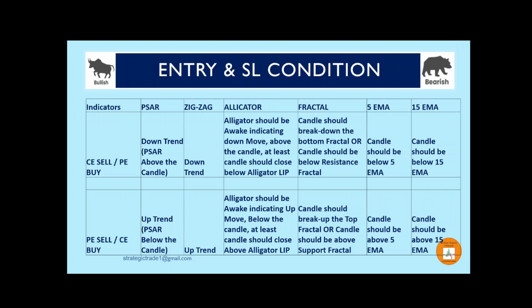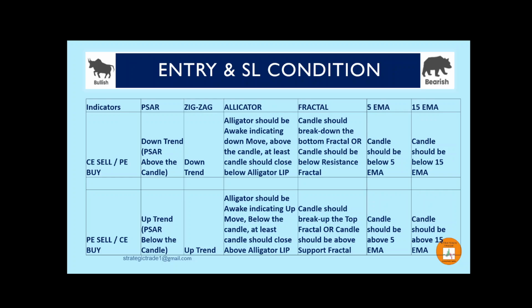And fractal also, the top fractal should form. When the top fractal is forming, then below the fractal candle bottom we can enter for the C side. Or if the bottom fractal is formed and the price is crossing it, then we can keep it as resistance. At that fractal itself we can enter.